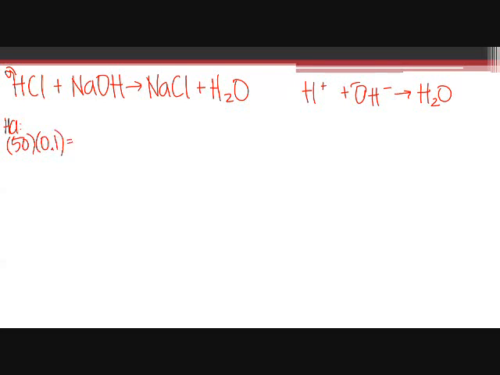That is equal to the new molarity times our new volume, which is the 50 milliliters from the acid, plus, in A, we said we added 8 milliliters. So 50 plus 8, so 58. So when they're first mixed together, before the reaction happens, when they're first diluted, the new molarity of the HCl, I got 0.086 for that one.